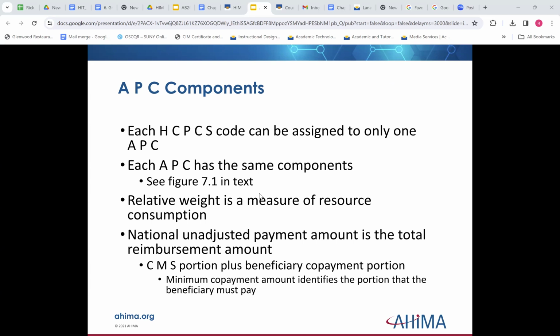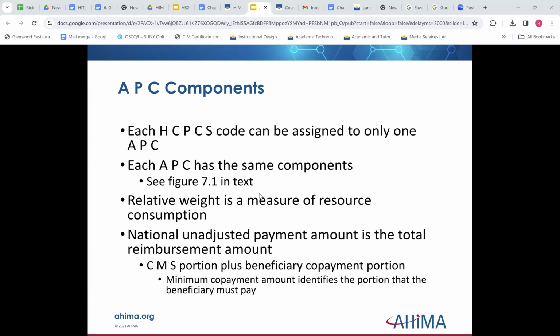So each HCPCS code can only be assigned to one APC, as we saw in figure 7.1. And basically, this grouping is looking at the relative weight, which is a reflection of how resource intensive the HCPCS code service is.